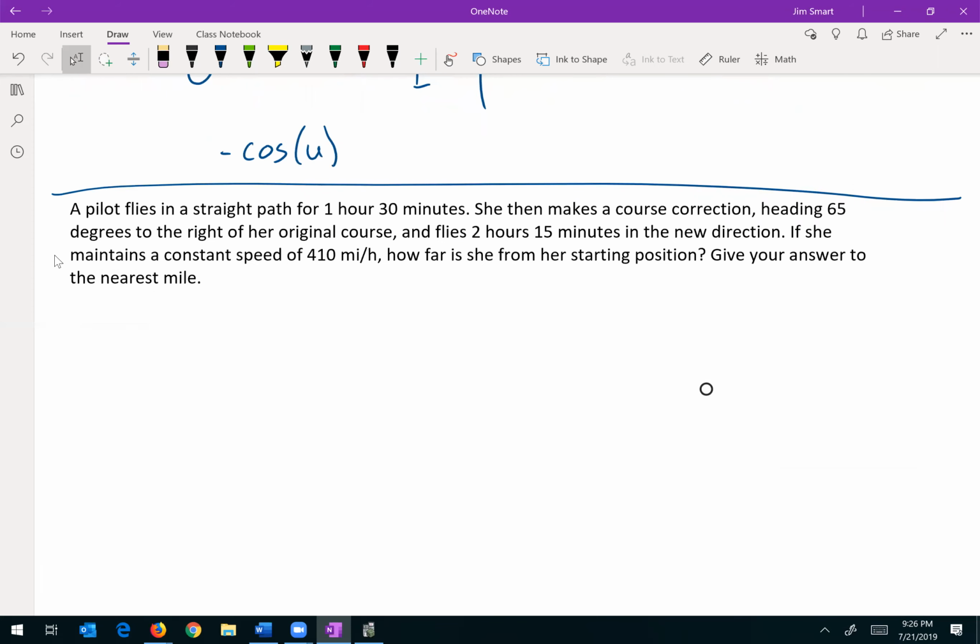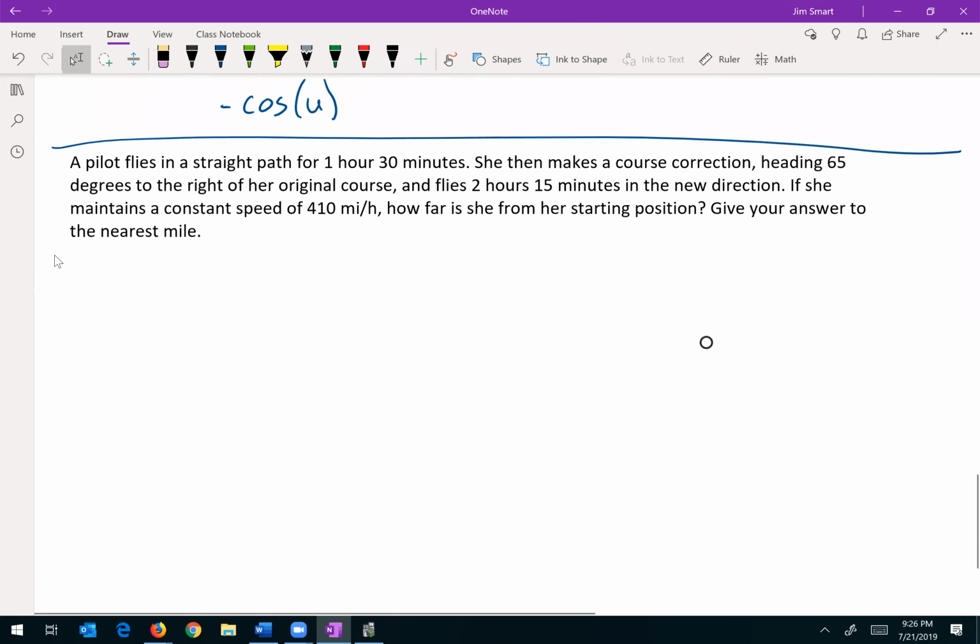All right, so we got a pilot flies in a straight path for 1 hour and 30 minutes. She then makes a course correction heading 65 degrees to the right of her original course and flies for 2 hours, 15 minutes in the new direction. If she maintains a constant speed of 410 miles per hour, how far is she from her starting position?